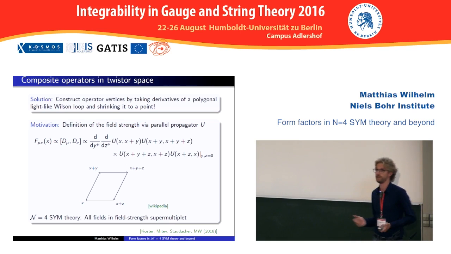And as we've all learned in general relativity, we can compute the curvature of a connection by parallel propagating around a parallelogram, then taking derivatives and setting the size of this parallelogram to 0. In N=4, all fields transform in the same supermultiplet as the field strength, so we can obtain the vertices for all fields this way.